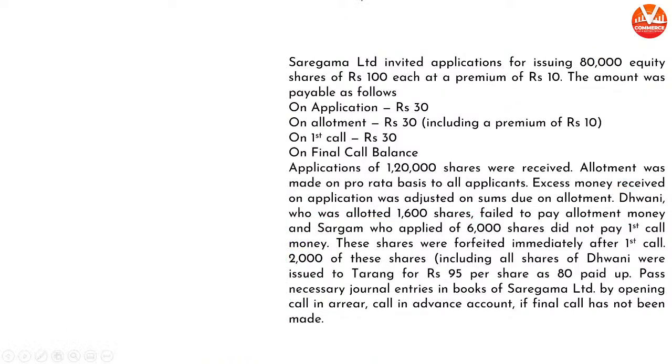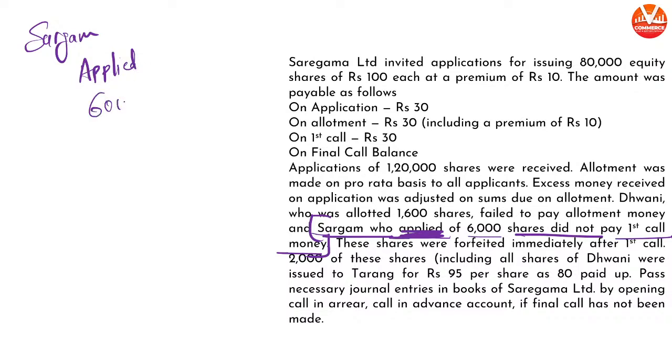Now we have already passed the journal entry for allotment. After that, it is said that Sargam, who applied for 6,000 shares, did not pay the first call money. Now Sargam's applied number of shares are given, 6,000.